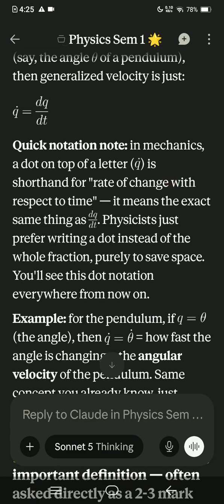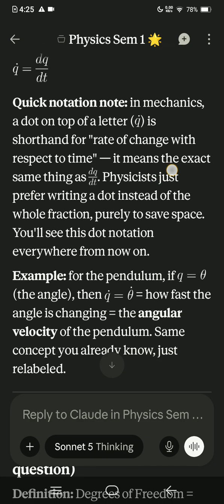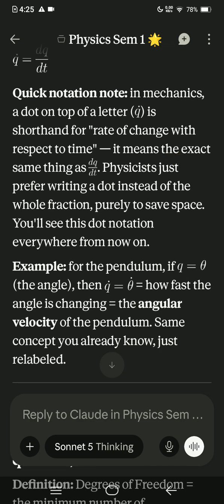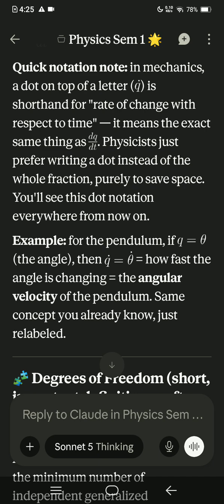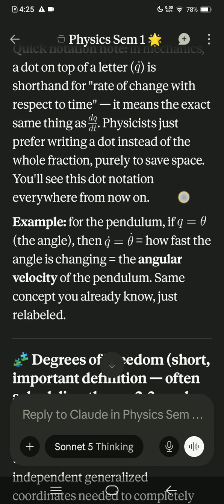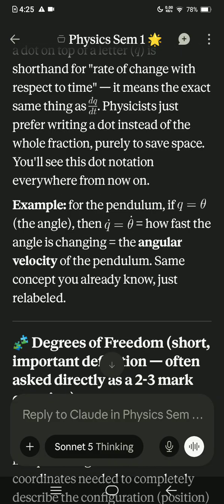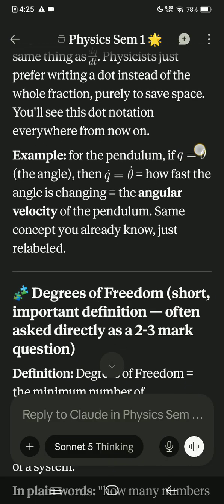Quick notation note: in mechanics, a dot on top of a letter is shorthand for rate of change with respect to time. It means the exact same thing as dq by dt. Physicists just prefer writing a dot instead of the whole fraction purely to save space. You'll see this dot notation everywhere from now on.